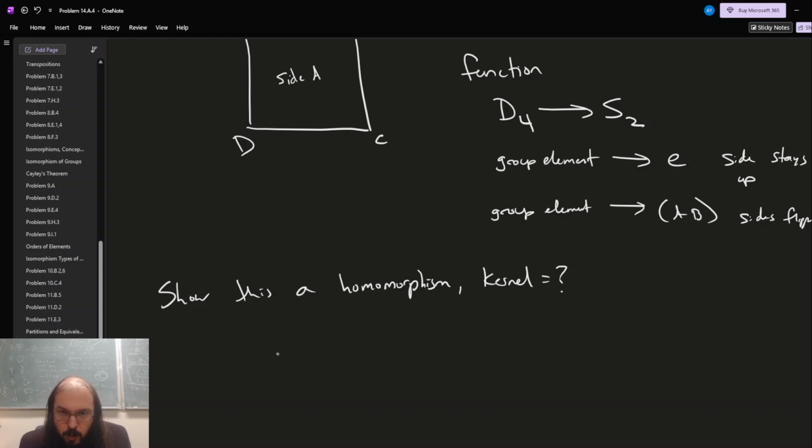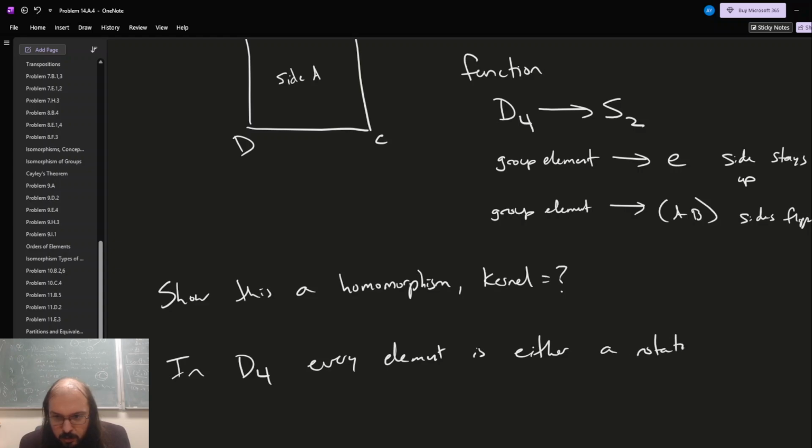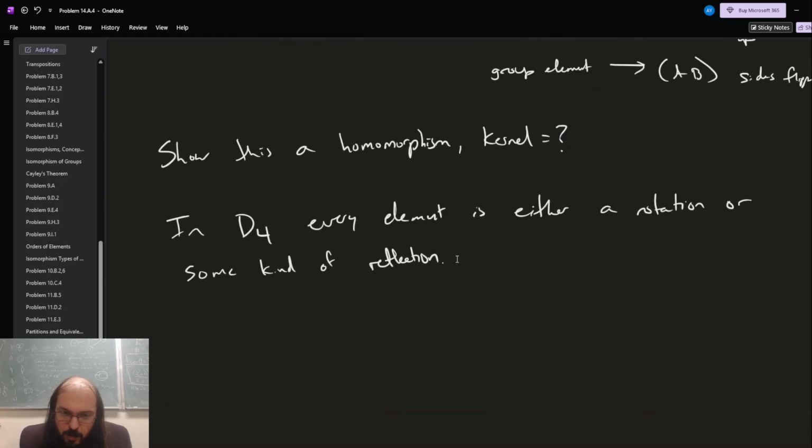So in D4, we have seen every element is either a rotation or some kind of reflection. And an important observation from geometry is as follows.